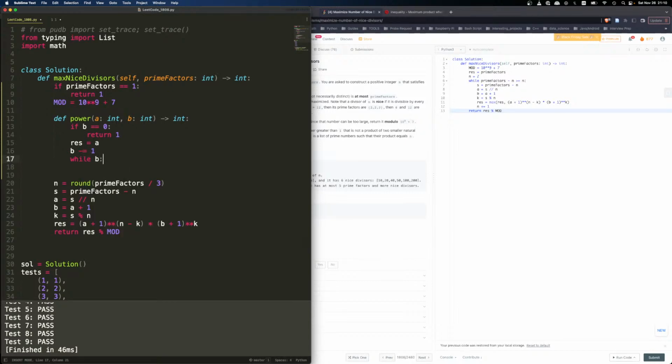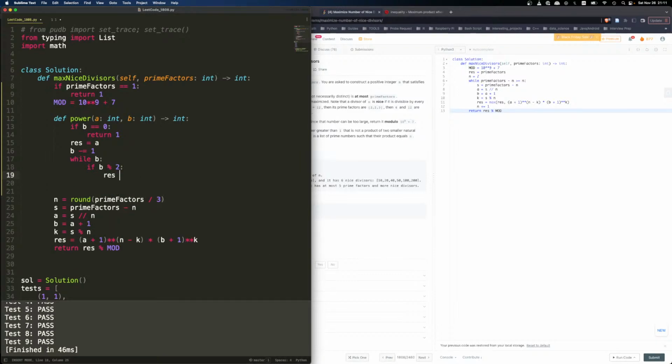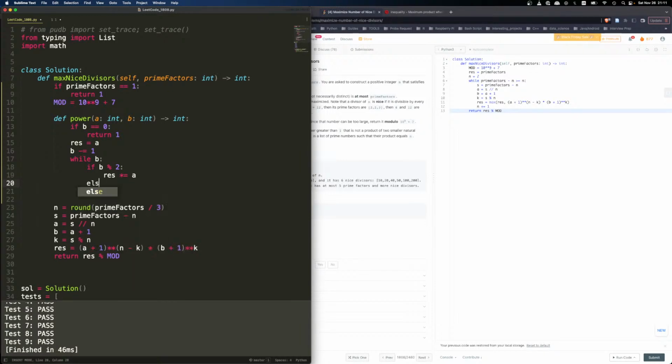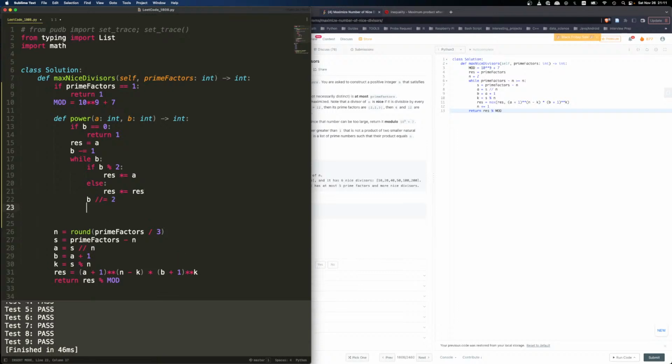Okay, I say while b, if b is not divisible, then res times equal a, else res times equal res. And b divided by 2, and now I'll return res.